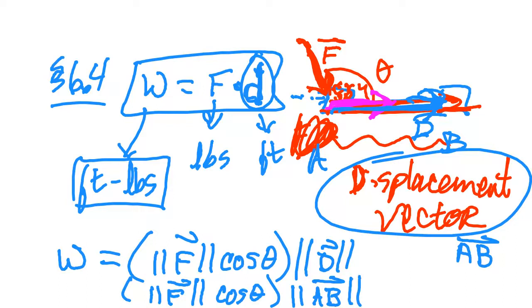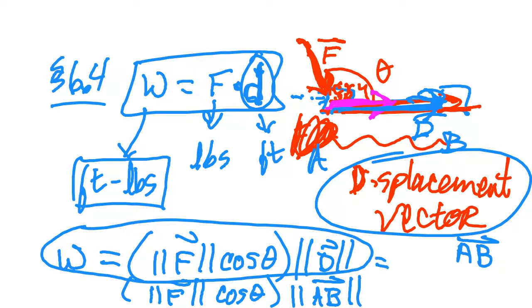Now, what it actually ends up being, if we rearrange this, I'm going to stick with this one. If we rearrange this and rewrite that as the norm of F vector times the norm of D vector, because these are all numbers, times cosine theta.